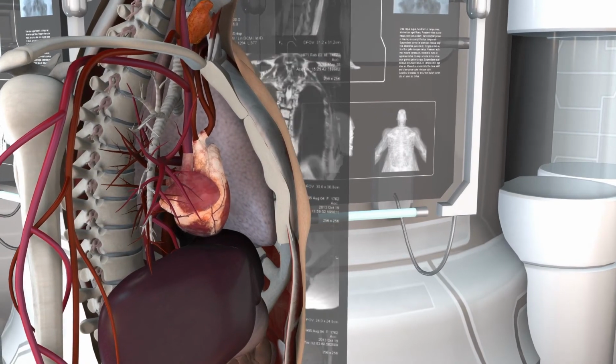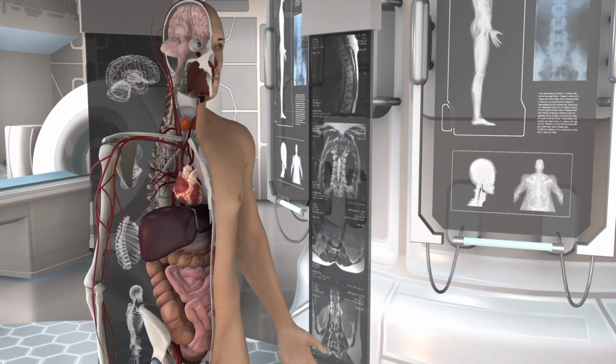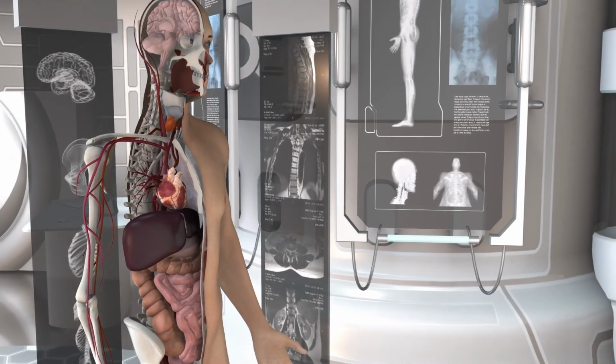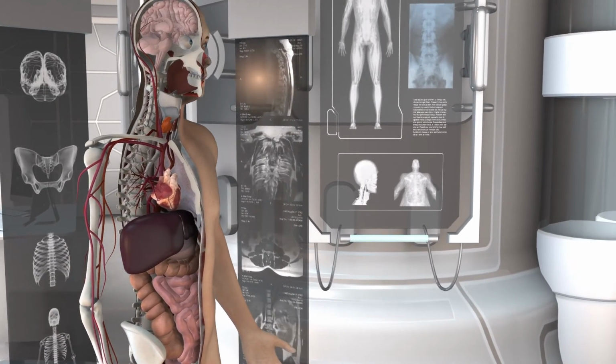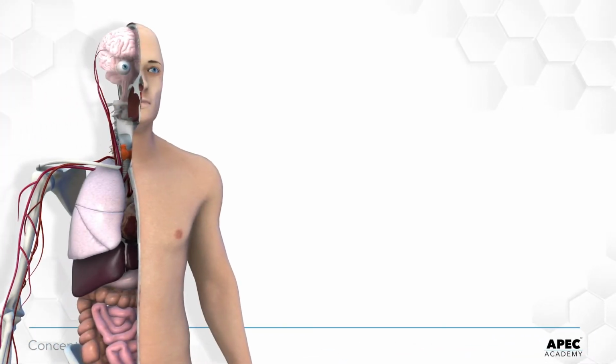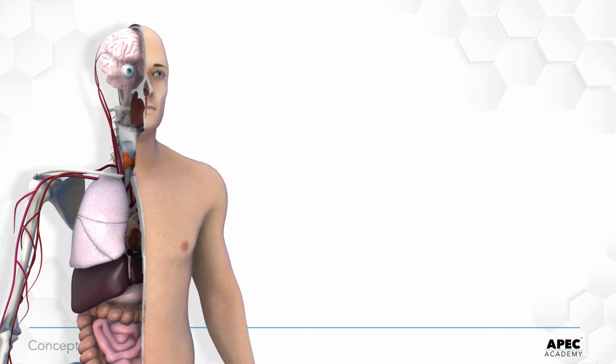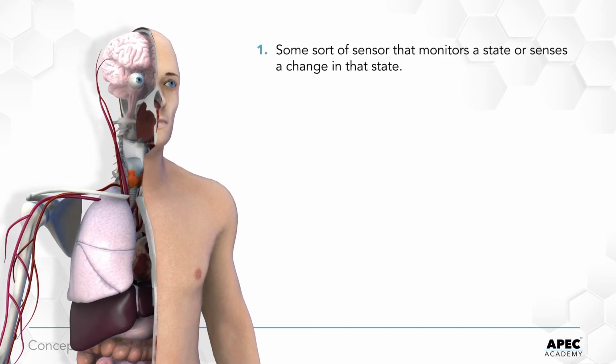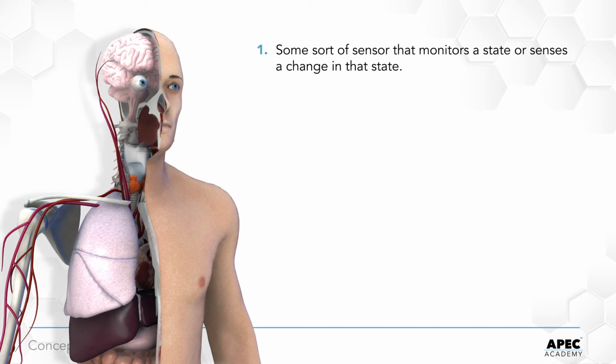Our bodies maintain this state of balance by way of feedback mechanisms. There are thousands of these mechanisms that work to regulate things such as blood sugar, hormone levels, and heart rate. Within a homeostatic mechanism, there are at least three parts. Firstly, there must be some sort of sensor that monitors a state or senses a change in that state.